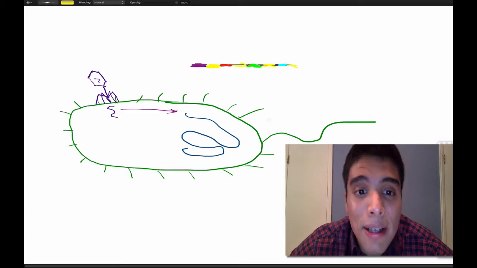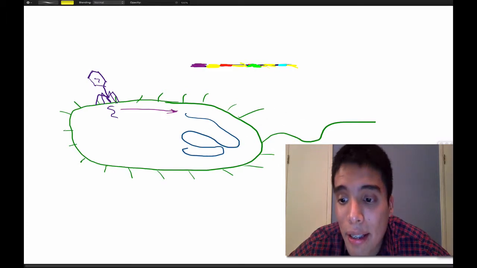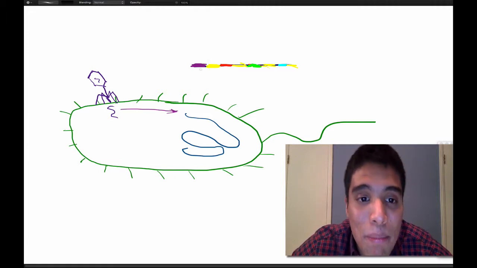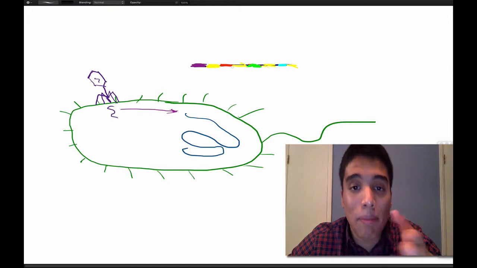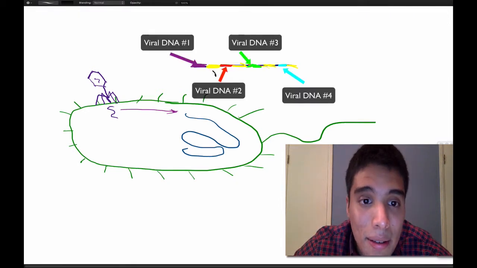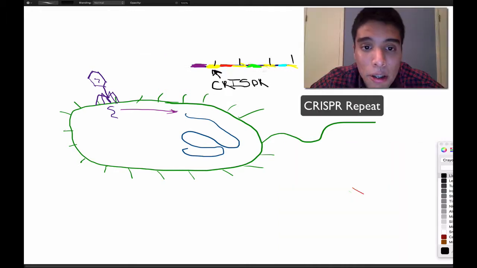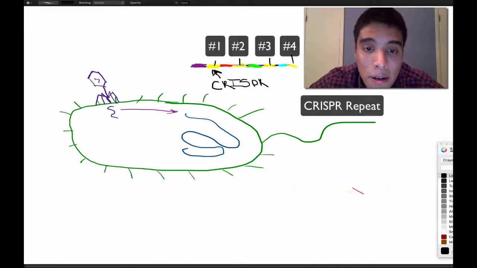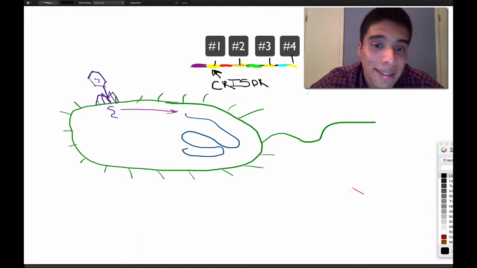As this bacteria lives and fights a lot of different viruses, it'll keep collecting these little viral genomes and incorporate them into its DNA. What follows it is this little part right here, and this is called the CRISPR repeat. It's called CRISPR repeat because there are several different copies of it.